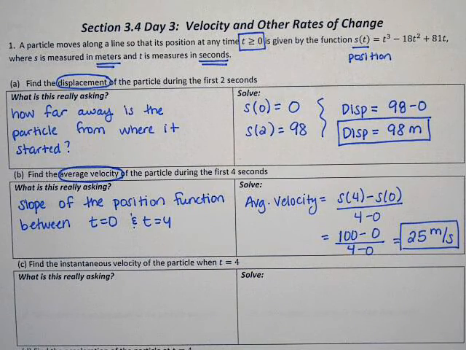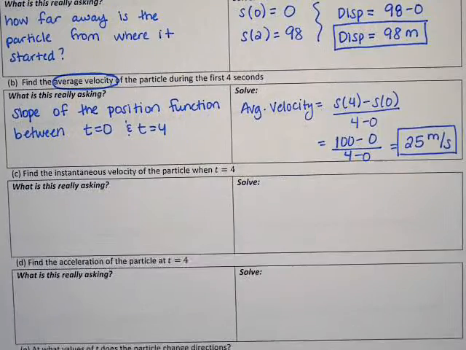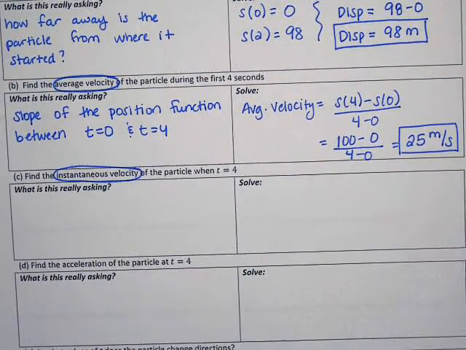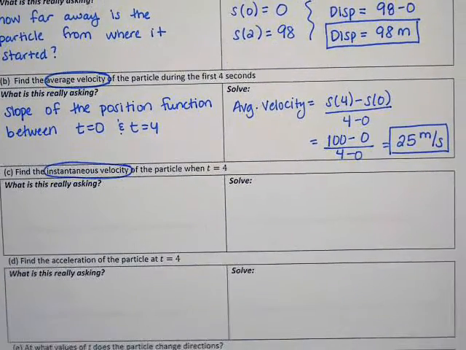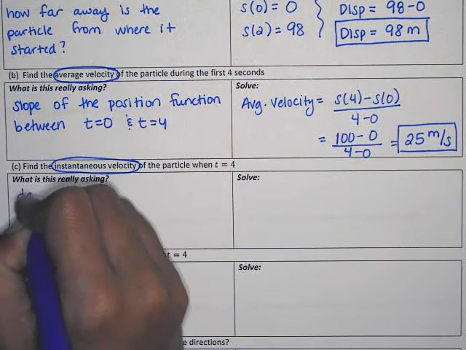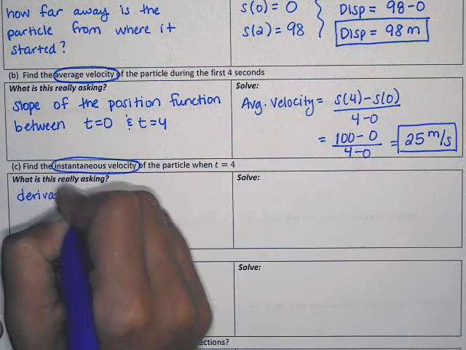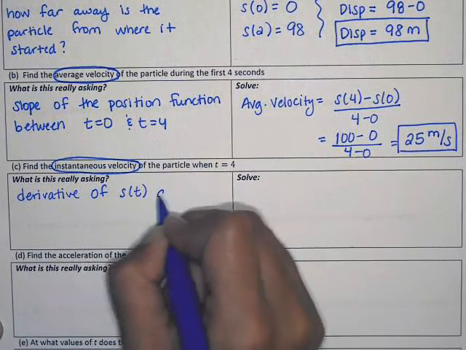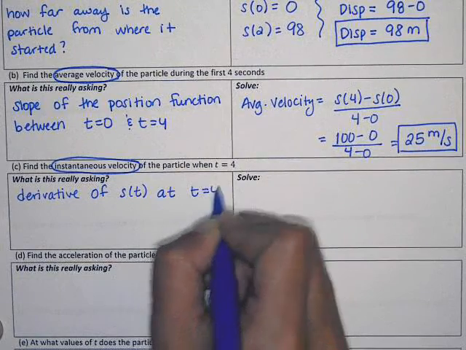The next question that I might be asked is find the instantaneous velocity at t equals 4. When I see the words instantaneous velocity, I know that the question is really asking for the derivative of position at t equals 4.